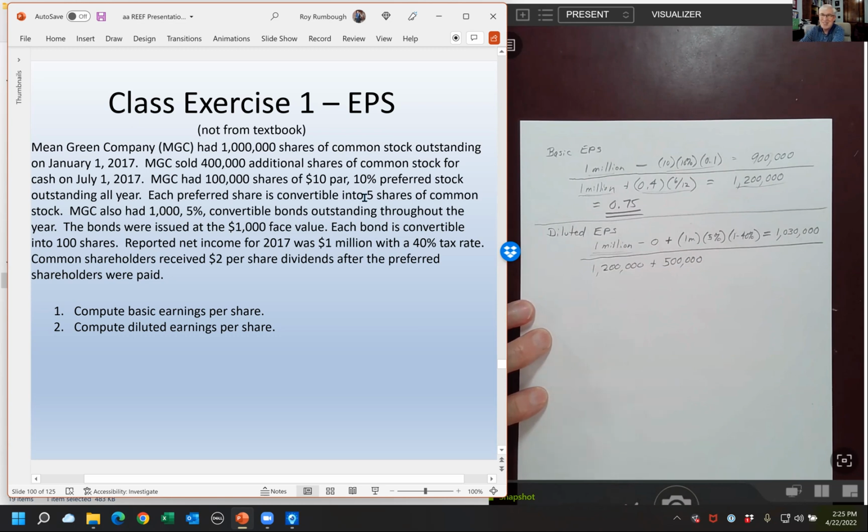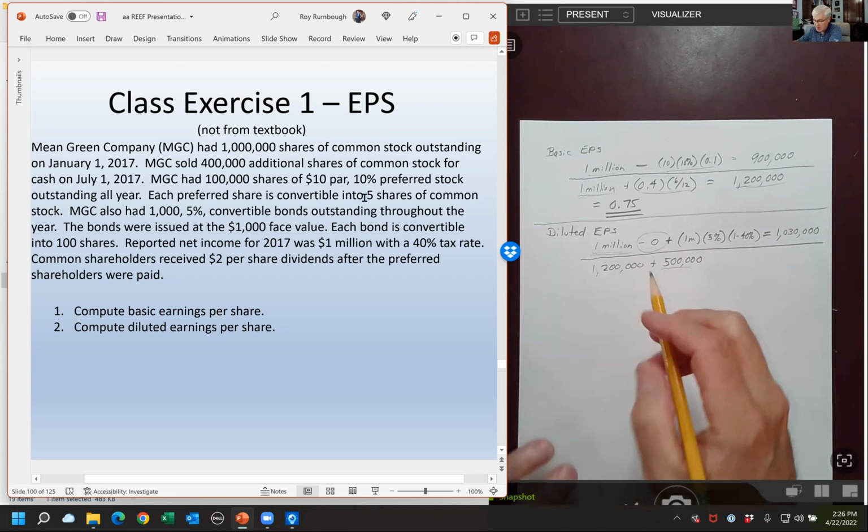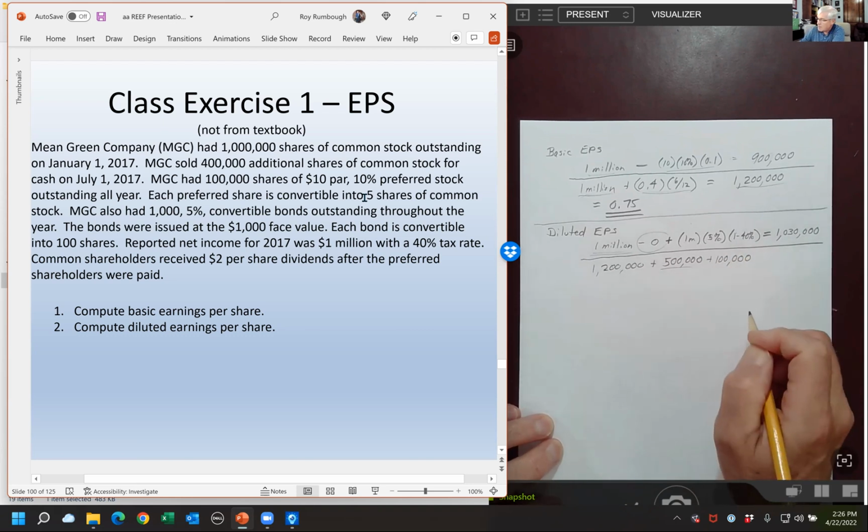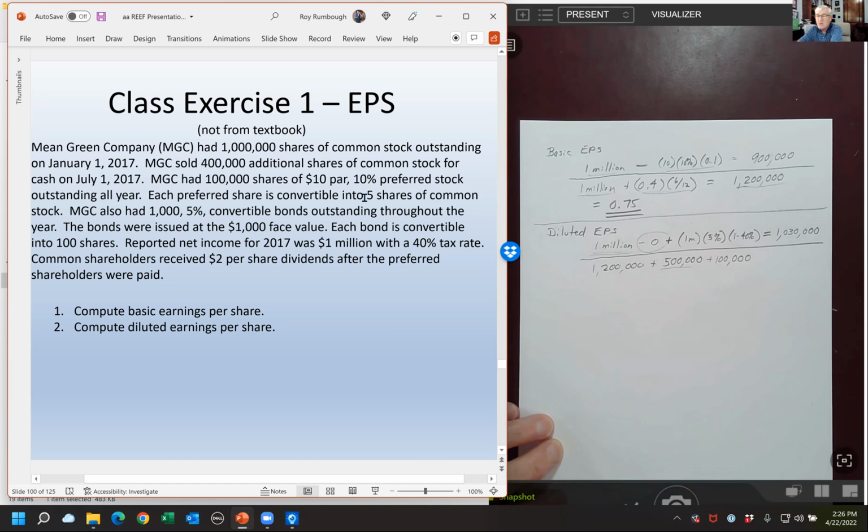That's why there are no preferred dividends to subtract. How about the convertible bonds? Each bond is convertible into 100 shares, and we had 1,000 bonds, so we convert them into 100,000 shares of common stock, hypothetically.